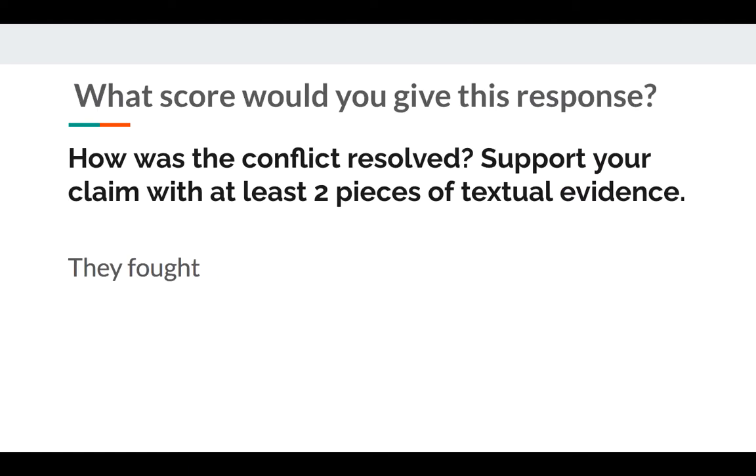So let's look at some examples, and I'm curious as to what score you think this response would receive. The question is the question that you guys actually answered last week. It is, how was the conflict in Amigo Brothers resolved? Support your claim with at least 2 pieces of textual evidence. This student wrote simply, "they fought."